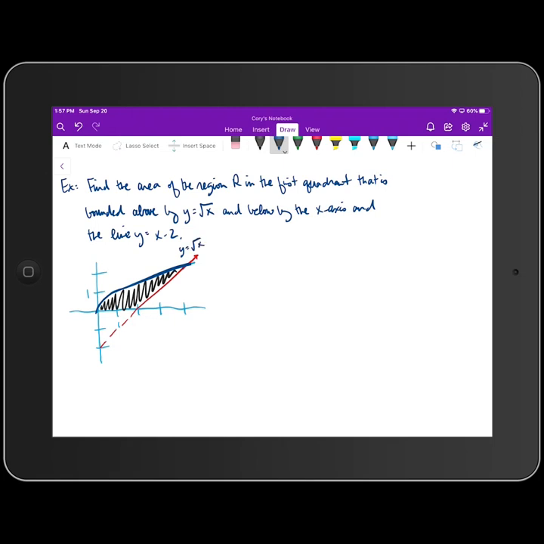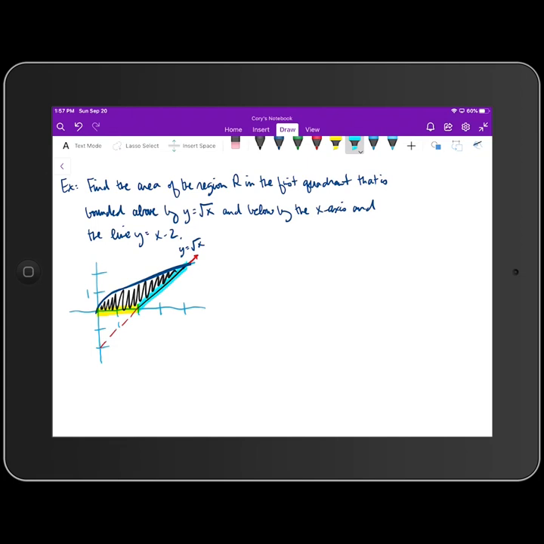But when we look at the function that bounds the area from below, that changes, because between the x values of 0 and 2, the function that bounds the area from below is the x-axis. And then between the x values of 2 and 4, the function that bounds the area from below is that line.